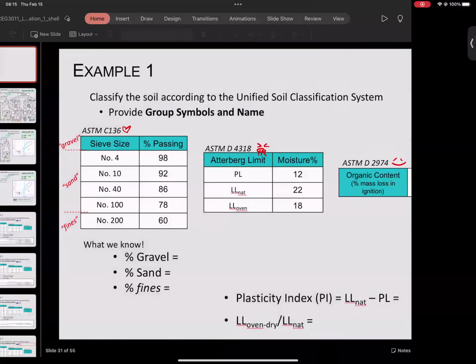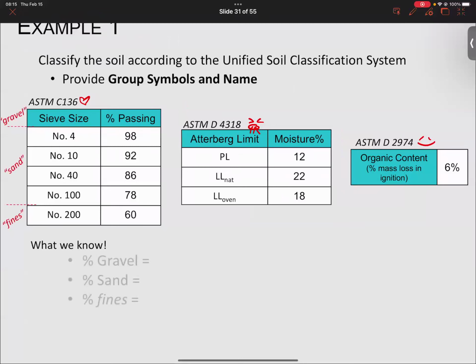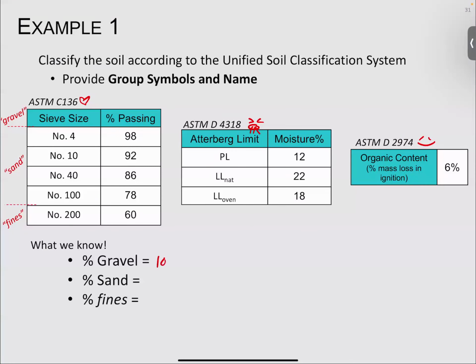So for gravel, we have our 100 minus 98%. And then for our fines, that's our 200 sieve right here. So 60%.